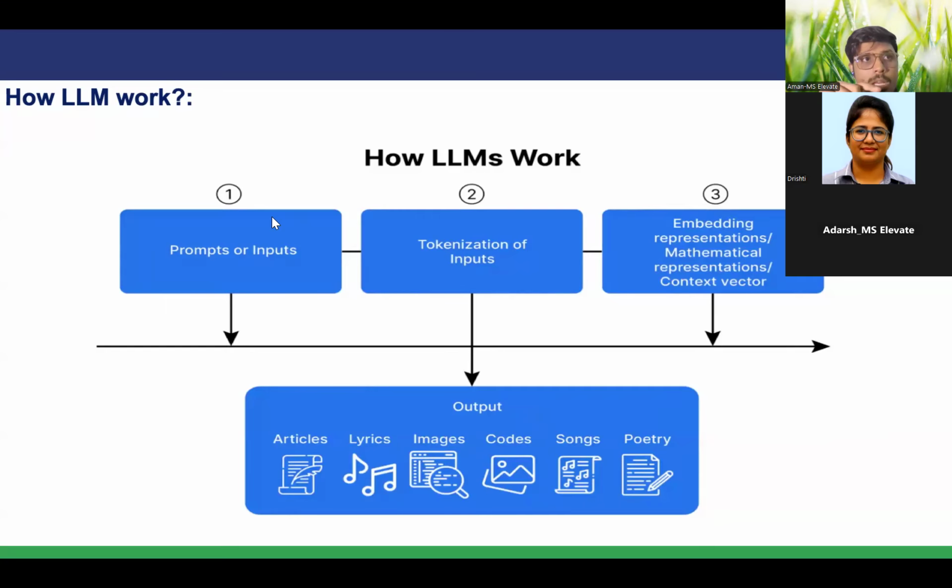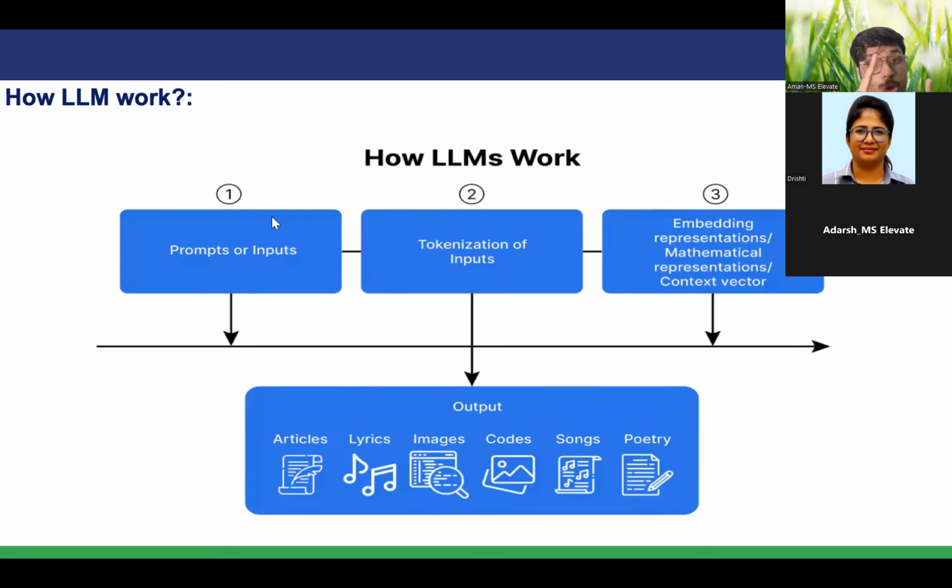Then it converts each token into numbers. Imagine, tell me the recent news about India and America. It will convert tell to a number, me to a number, something to a number, about to a number, India to a number, and to a number, America to a number.